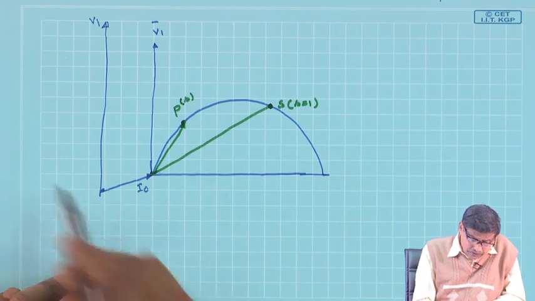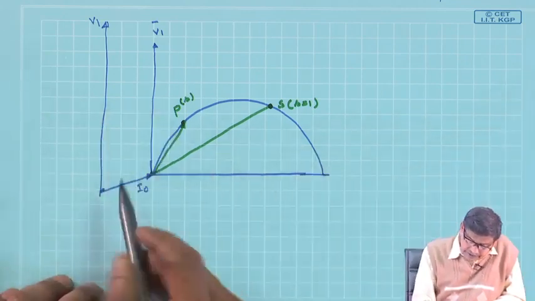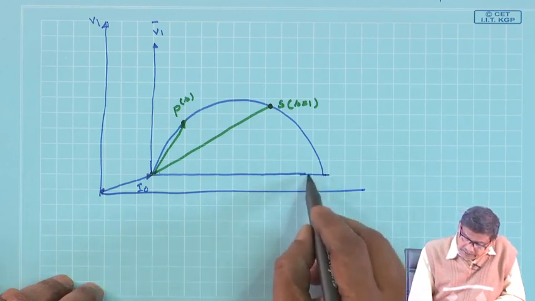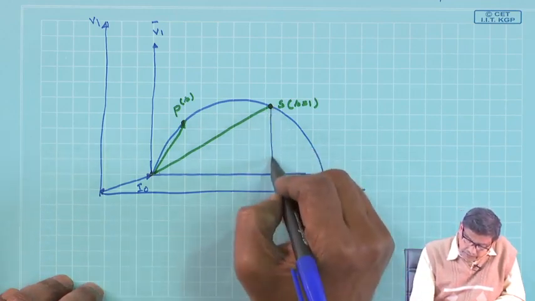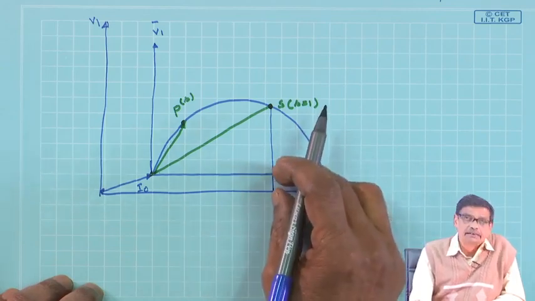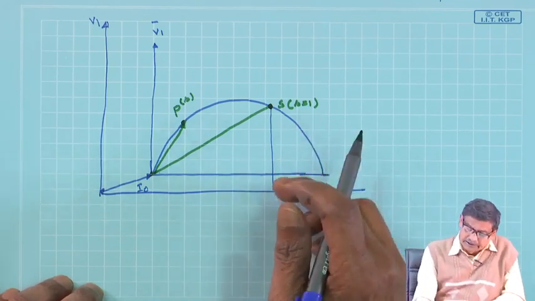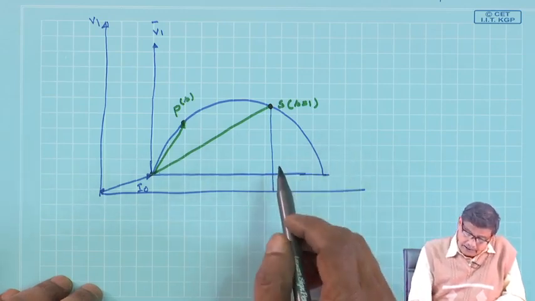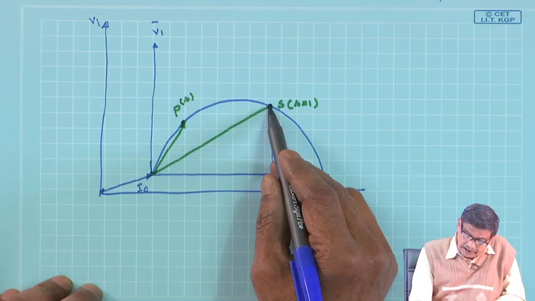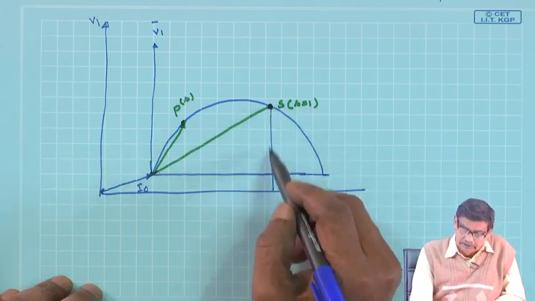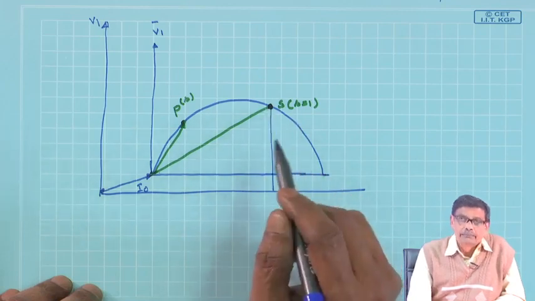Then, just recollecting very quickly, what I told: if you drop a perpendicular here, this vertical length in some other scale will represent the constant losses of the induction motor, and this will be, at S equal to 1, the total input power.